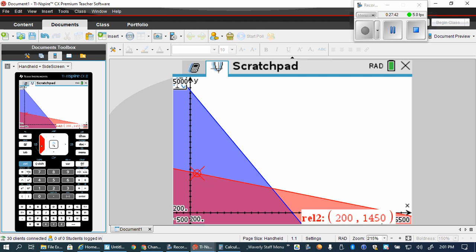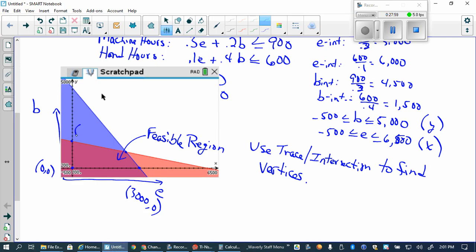Or the intercept. Oh, okay, y-intercept, yep. So that's 0, 1,500, right? That's E, comma, B, like making 0 elite and 1,500 bolts. So this is at 0, 1,500.